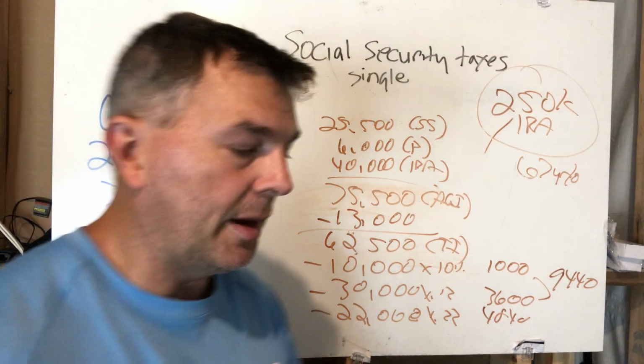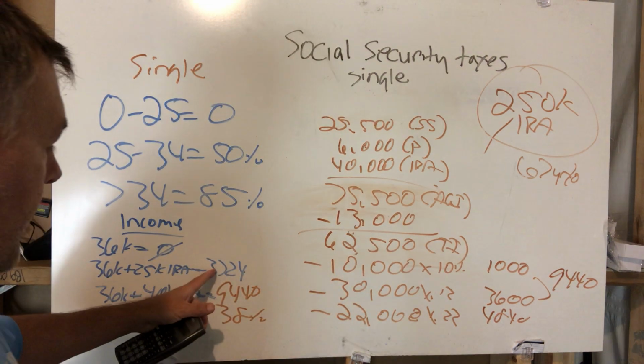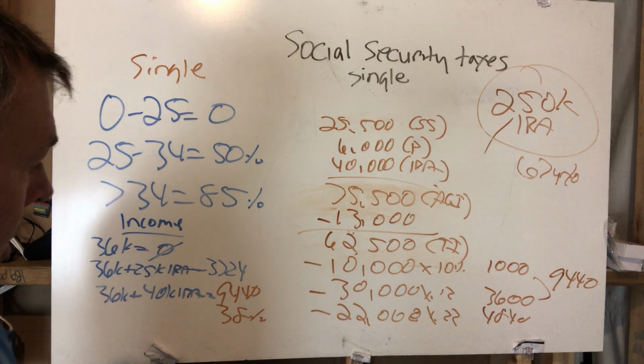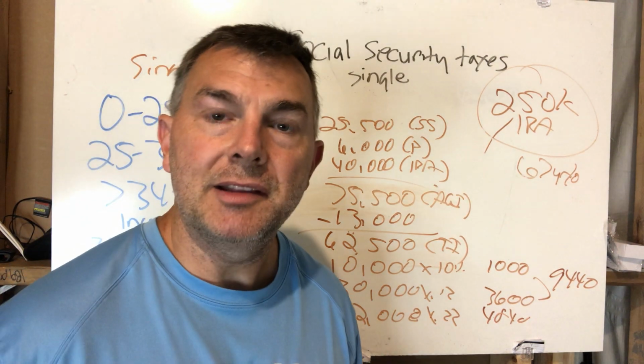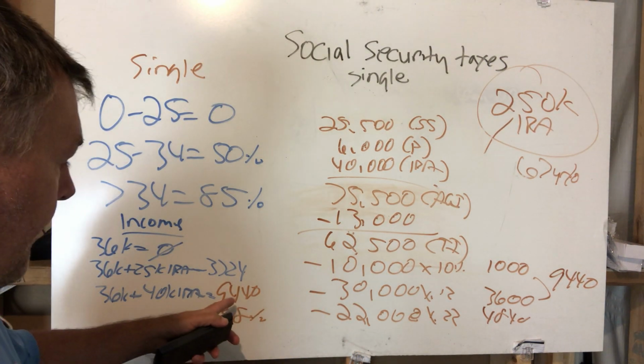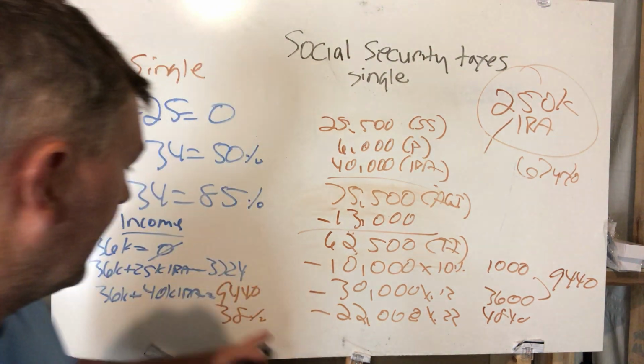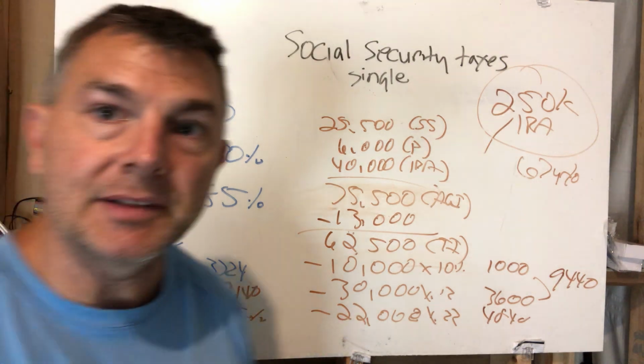Think about that. Taking $25,000 from her IRA is a $3,700 tax hit. By adding another $15,000, her tax hit almost tripled. So $15,000 more equals about $6,000 more in taxes.